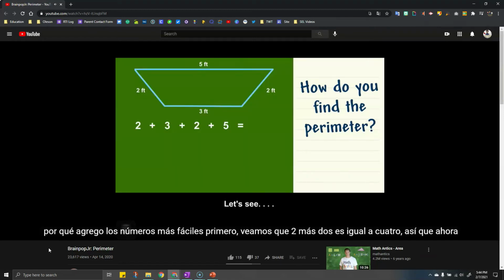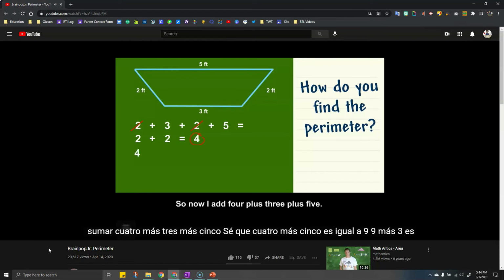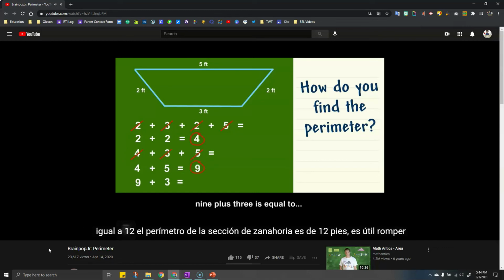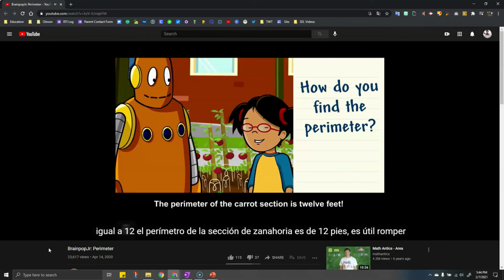Let's see. 2 plus 2 is equal to 4. So now I add 4 plus 3 plus 5. I know 4 plus 5 is equal to 9. 9 plus 3 is equal to 12. The perimeter of the carrot section is 12 feet.